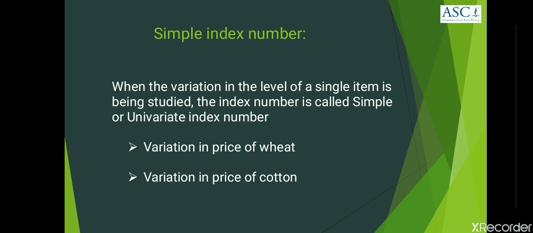Example: index number indicating the variation in the price of wheat. Here, only one item, that is wheat, is considered and hence it is an example of simple index number. Another example is index number indicating the variation in the price of cotton, and again cotton is the only single item under study.